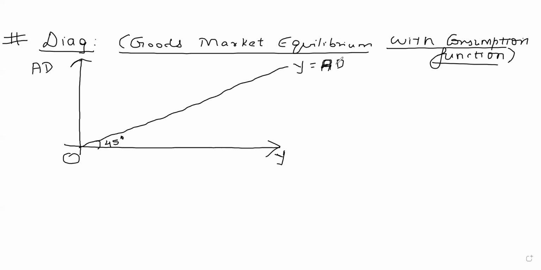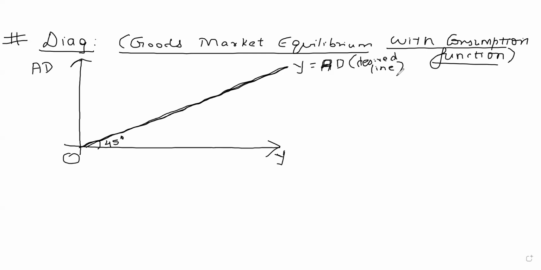A 45-degree line is like a mirror. Every point on it means that Y is exactly equal to the aggregate demand. So this is the desired line, where the output we produce, Y, is equal to the planned aggregate demand.